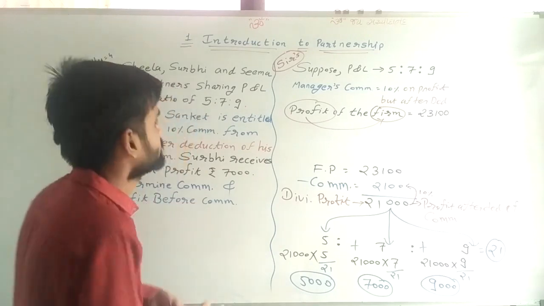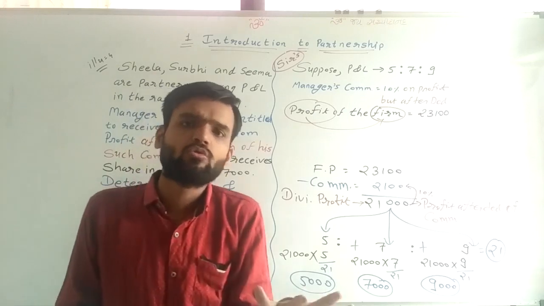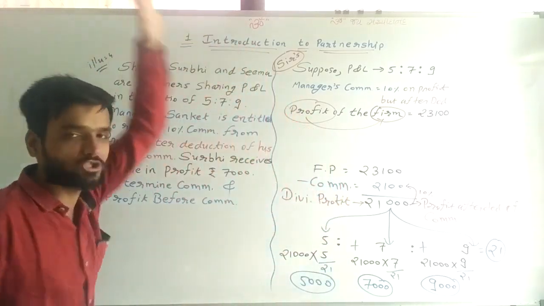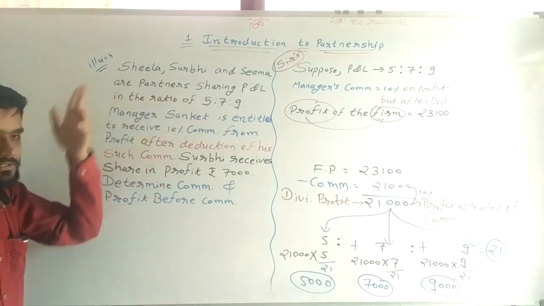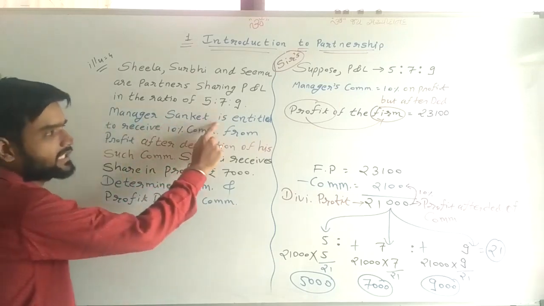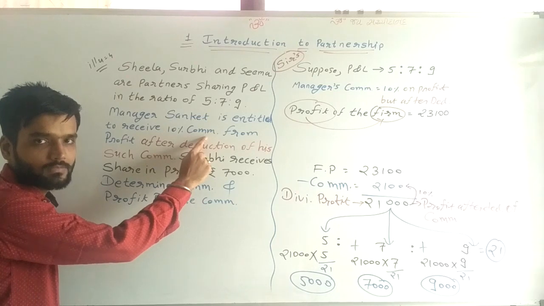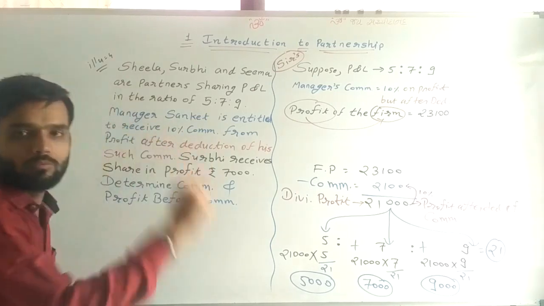So I don't need to assume an equal ratio because the profit and loss ratio is already given. Manager Sanket is entitled to receive 10% commission. We need to give 10% commission to the manager.